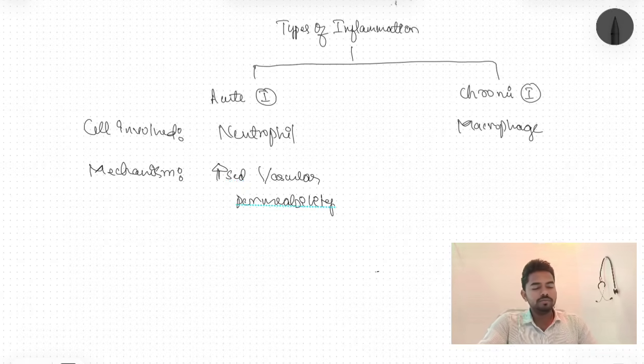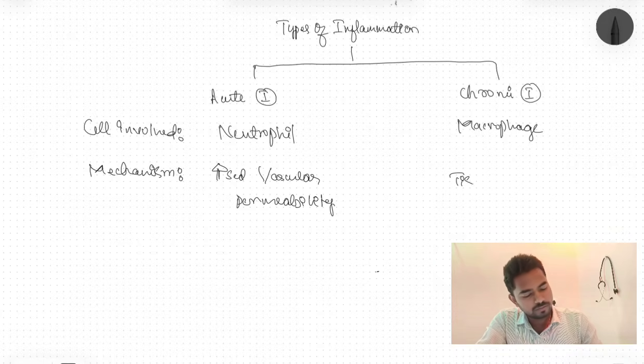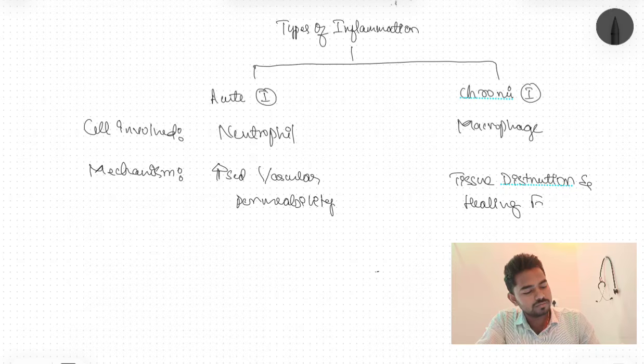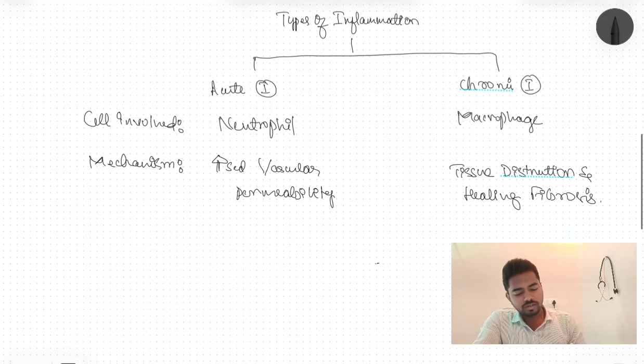But in chronic inflammation, there will be tissue destruction and wound healing. Tissue destruction and healing. Healing by fibrosis. Now duration.